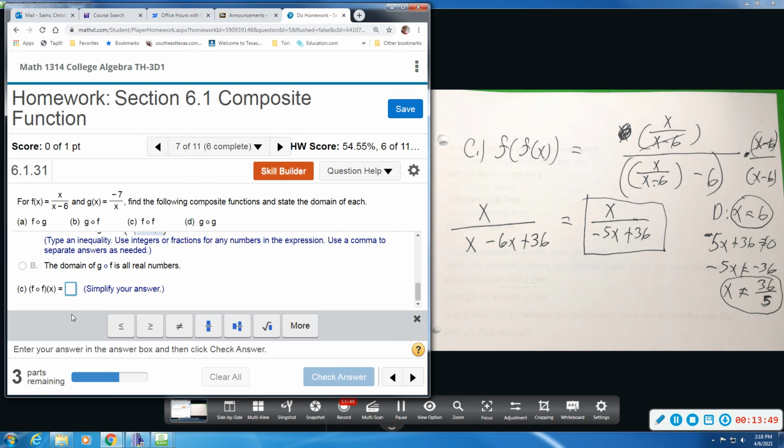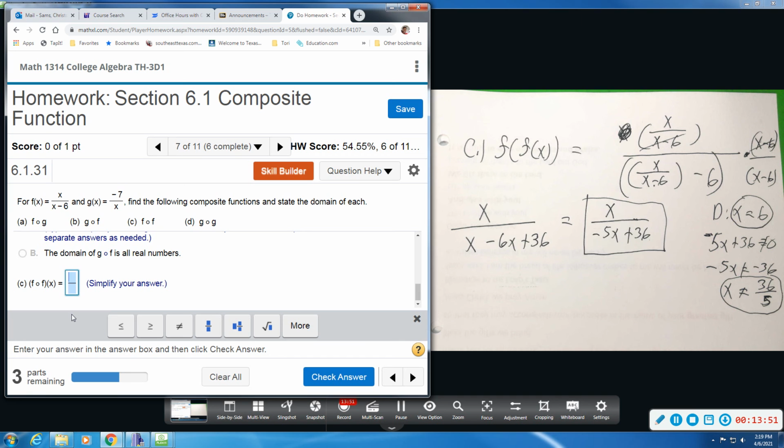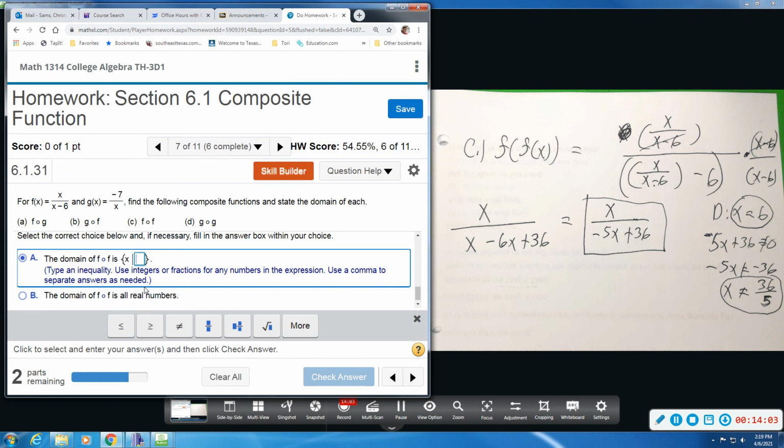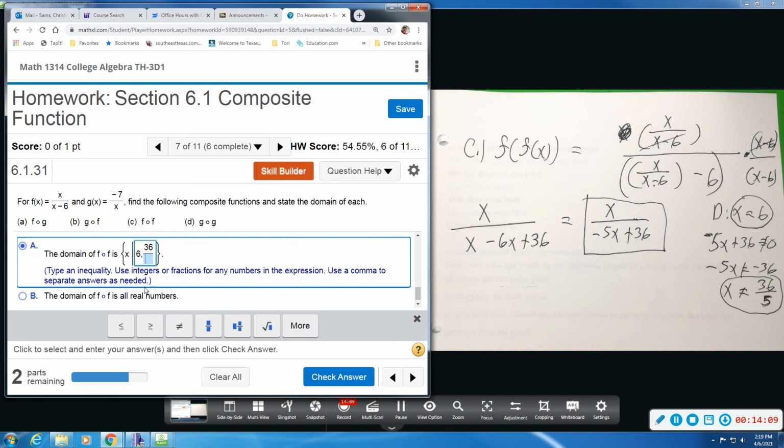So our function, division bar, x, and then negative 5x plus 36. And domain, we cannot use 6. We cannot use 36 divided by 5.